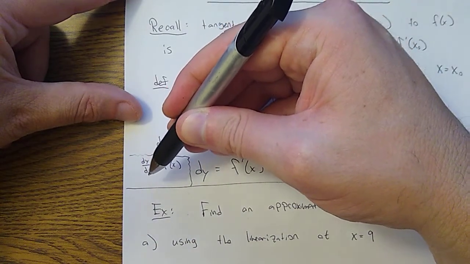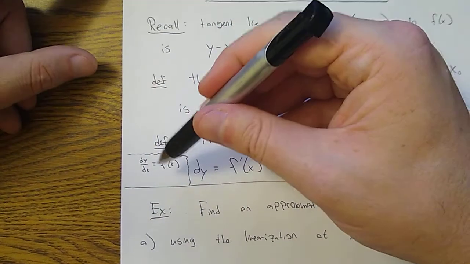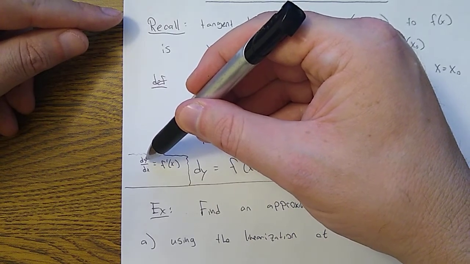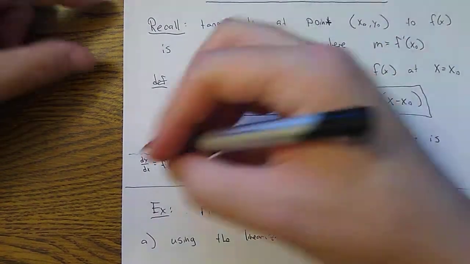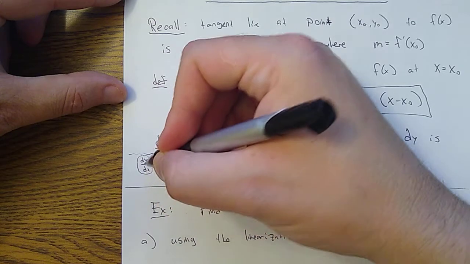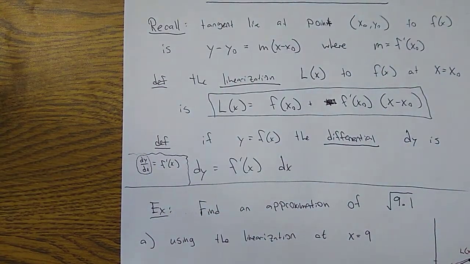Sometimes we write dy over dx, and other times I write f prime of x. In this notation, usually we don't think of dy and dx as numbers. This is one symbol. We don't really think of this as a fraction, like a number divided by another number. It's just a notation that means the derivative.